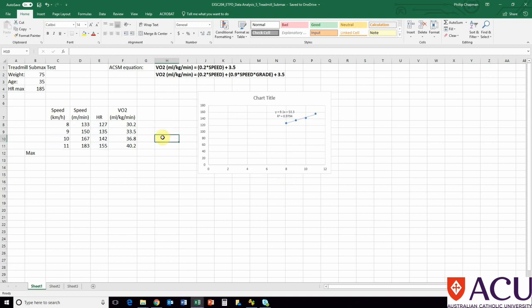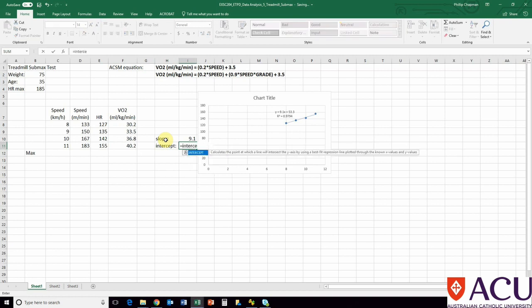So what I might do is just calculate that slope, which is equal to slope. The known Y's is the heart rate, comma, known X's is the speed. And so that gives us that number which is on the chart here. The intercept equals intercept.